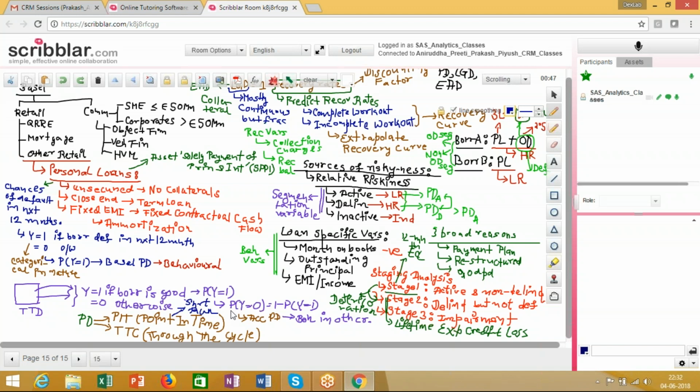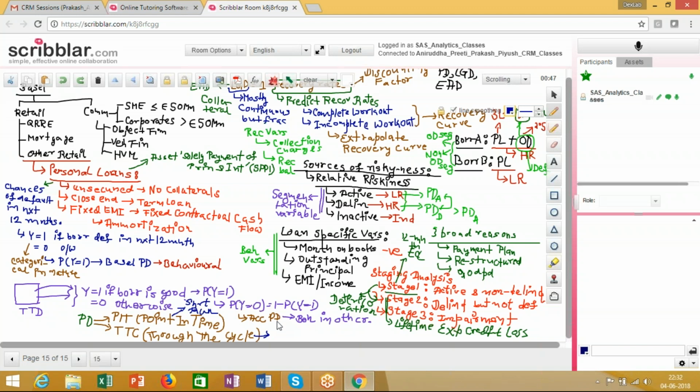And when you look at the second term, the through the cycle period, the question is what exactly is it? When I talk about through the cycle, it clearly says that it is a PD estimate comprising data over a given business cycle.